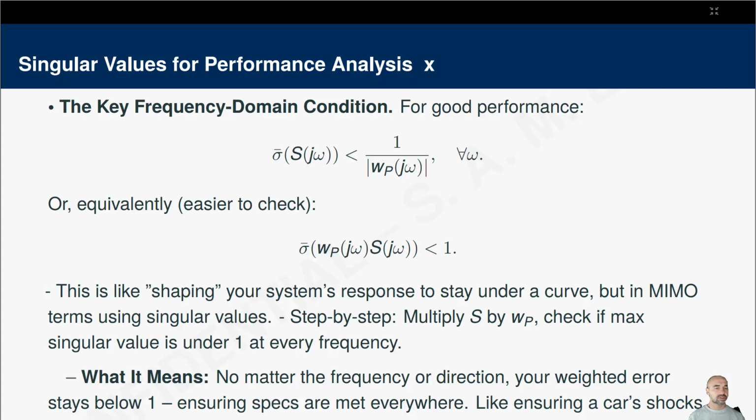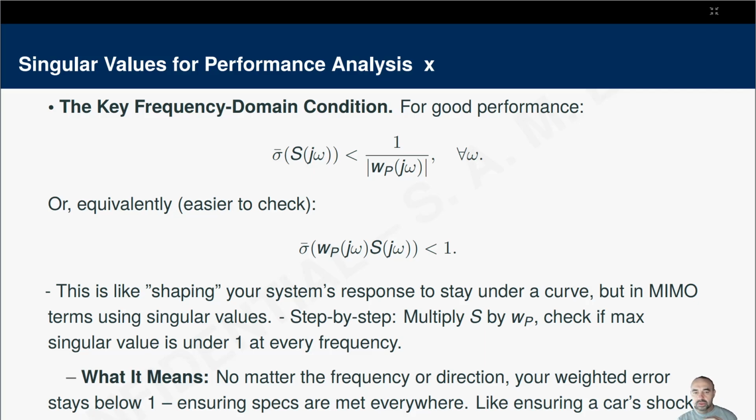What else can I say here? You might hear them call this loop shaping in MIMO language. You're shaping singular values, not scalar magnitudes. Again, this makes sense, right? Because singular values describe the worst case scenario and the best case, nicest case scenario.